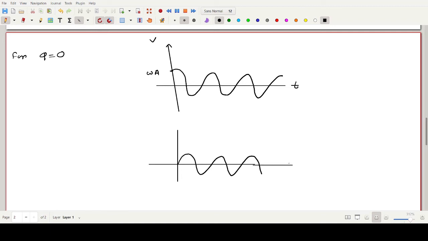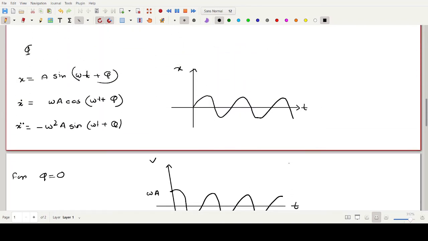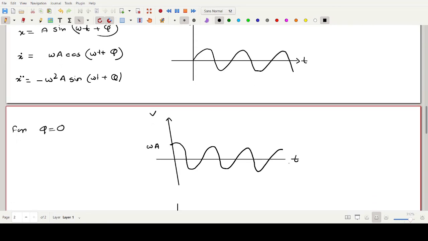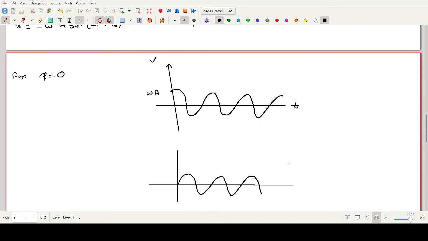Okay, so is my drawing correct? The acceleration graph is okay, right? Minus omega square A, right? So acceleration equals minus omega square A sine omega t.